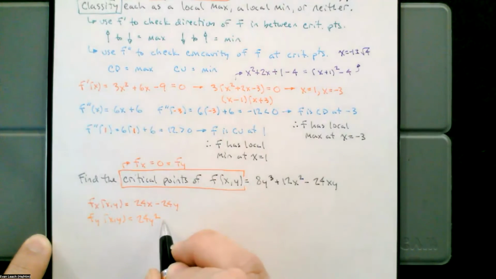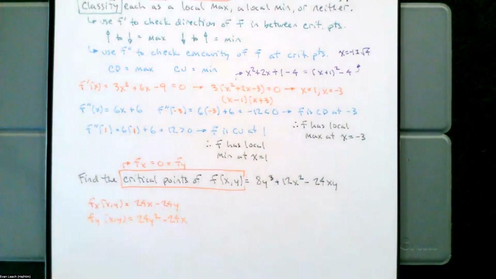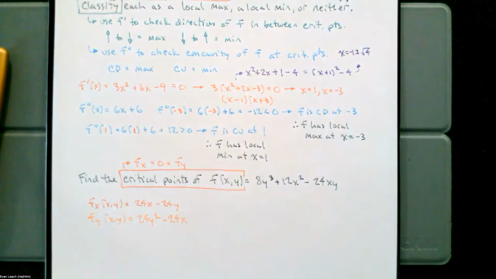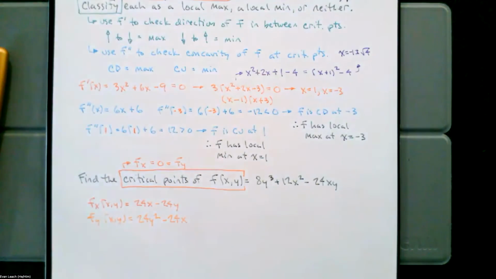So the derivative of negative 24xy is negative 24x. Any questions? We haven't had extensive practice on finding first partial derivatives, but here we are. Already getting pretty good at it.